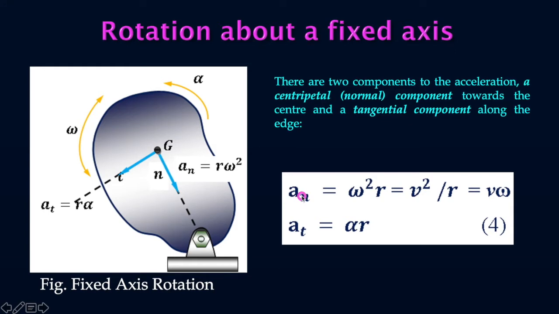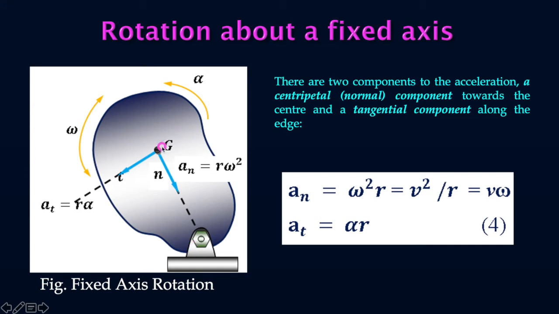One is the centripetal component, also called the normal component, which equals omega square r, or v square by r, where v is the linear velocity, and its direction is towards the center of rotation.